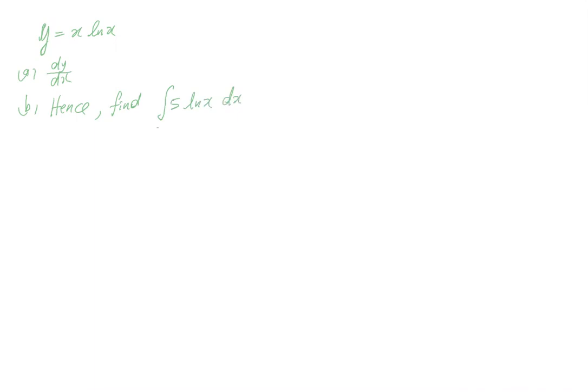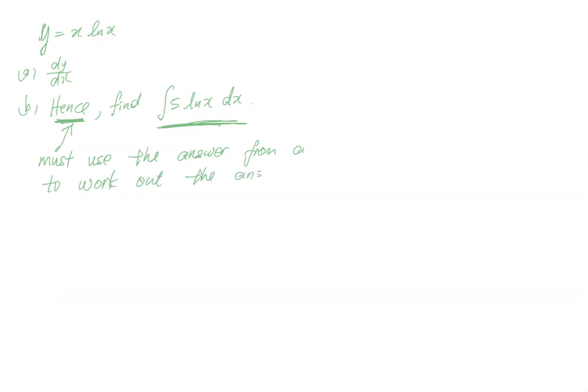So I cannot start from here. The moment you see the "hence" question, it means you must use the answer from A to work out the answer for B. So I will not work out from here.